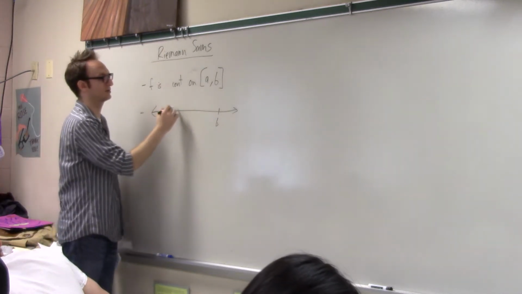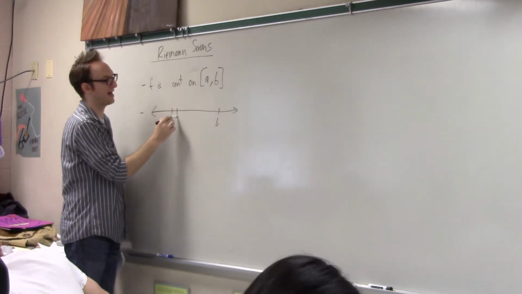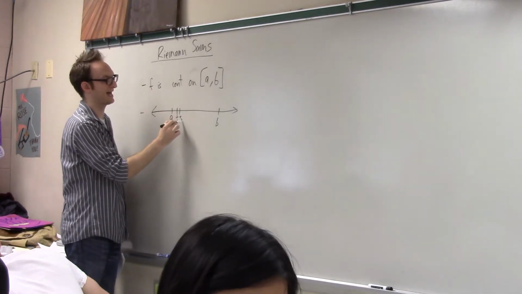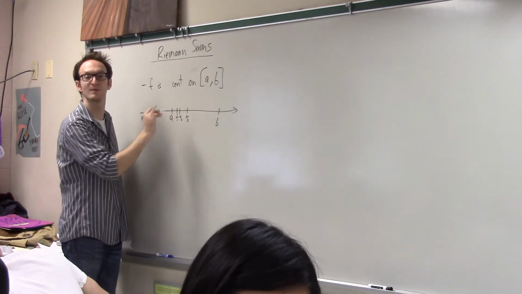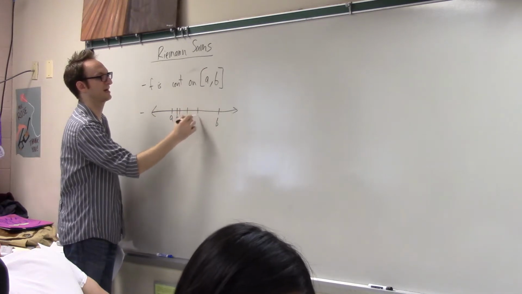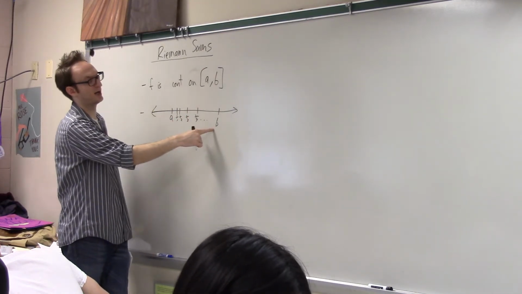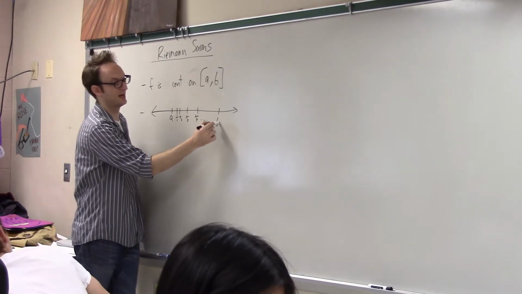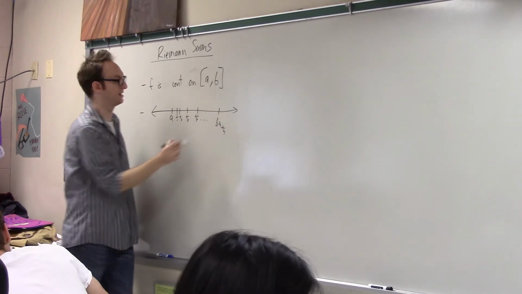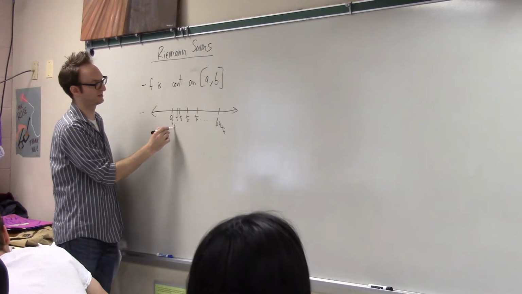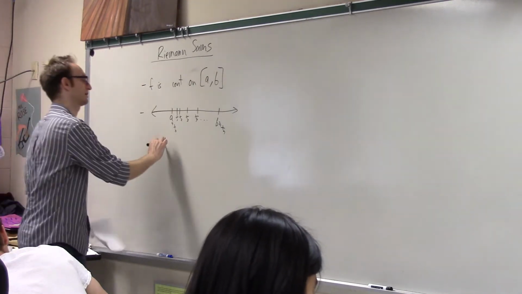I'll call that x1, I'll call that x2. Some of them might be far apart, some of them might be close. You just do whatever you want. Dot dot dot. And then it's customary to call b x sub n, and it's customary to call a x sub 0. So this is a partition.